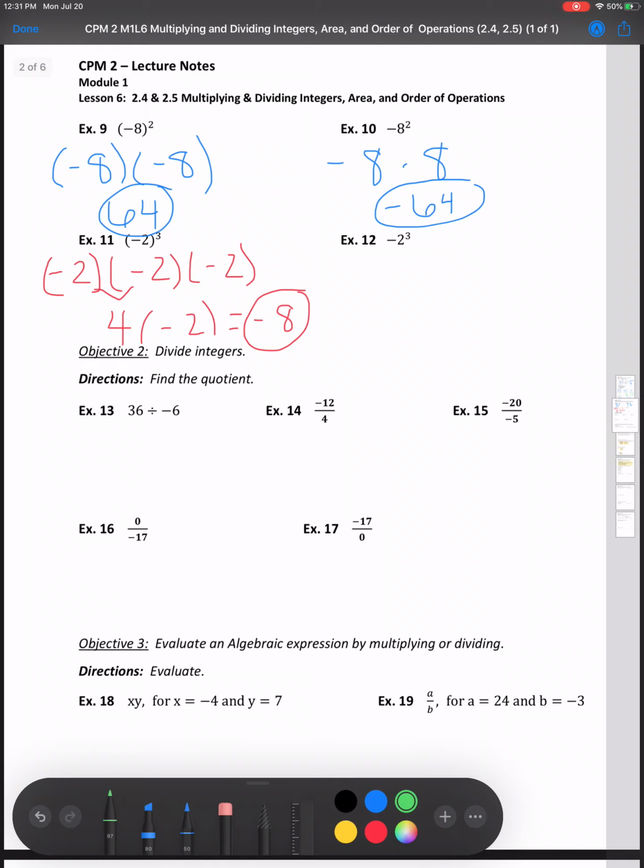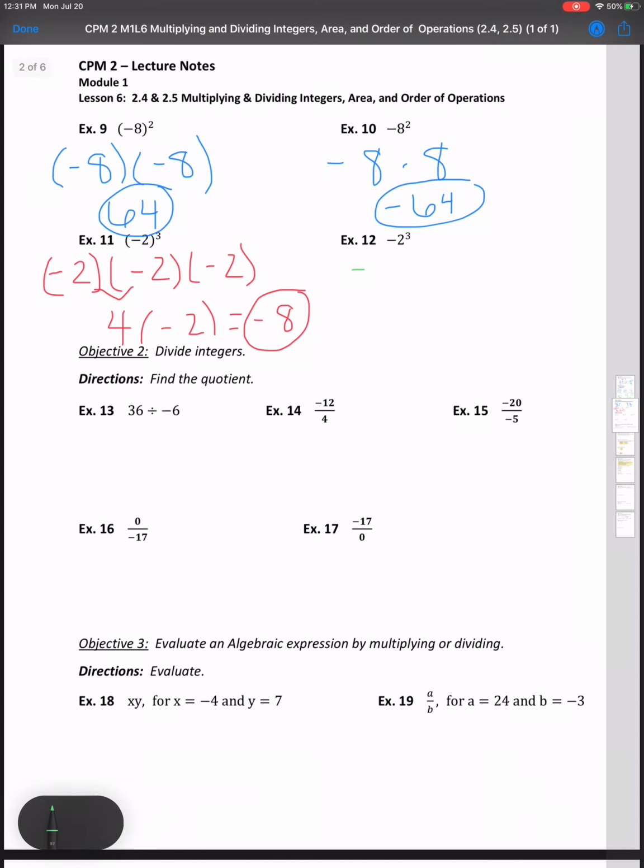Okay, check out example 12. Ask yourself, what am I cubing? There are no parentheses, so what that means is there's one negative sign. What I'm cubing is just the 2. 2 times 2 times 2. You can think of this two different ways. You can just take 2 at a time, so a negative times a positive is a negative.